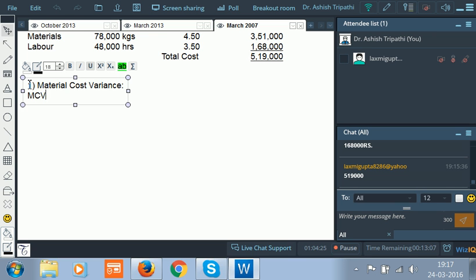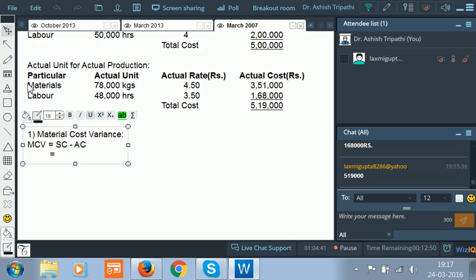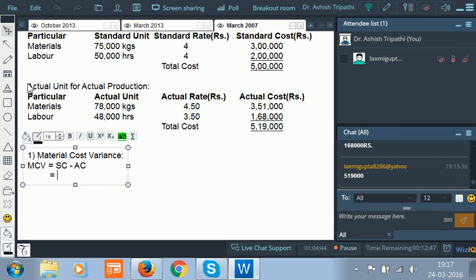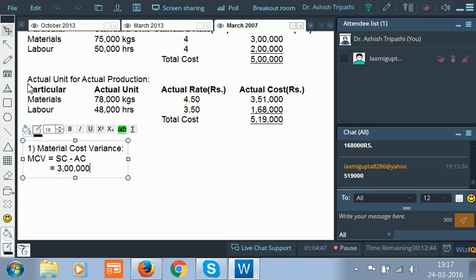Material cost variance. MCV, that is material cost variance, is equal to standard cost minus actual cost. Our standard cost for material is how much? Standard cost for material is 3 lakhs, minus actual cost for material, which is 3,51,000.